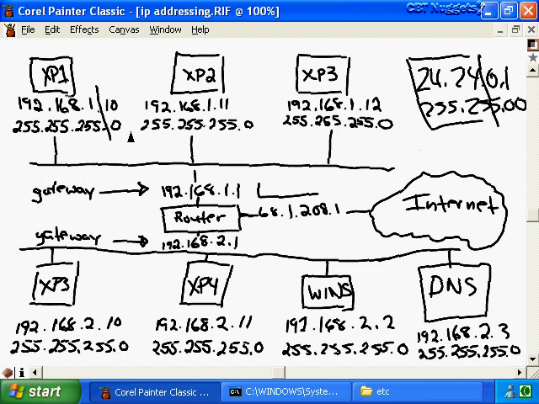And a broadcast is essentially a cry for help. It's just going to scream out in the network and say, hey, does any computer out there on my local network know of XP3 and your IP address? So every computer on this local network has to listen to this information and determine, are they XP3? Am I the person that they're trying to connect to?